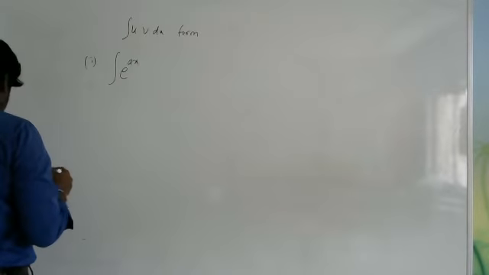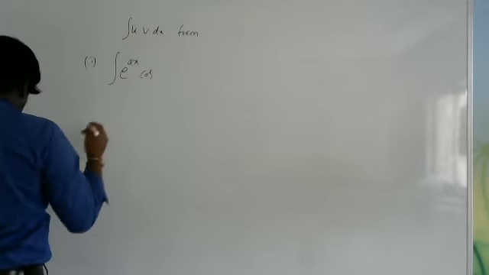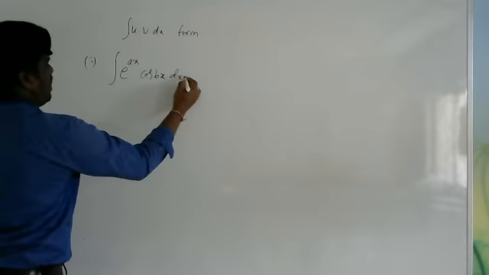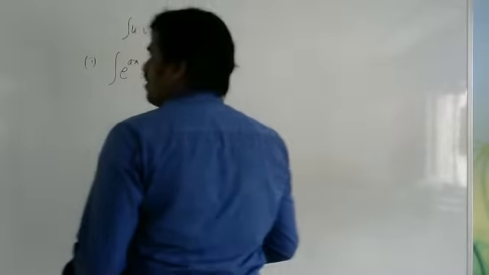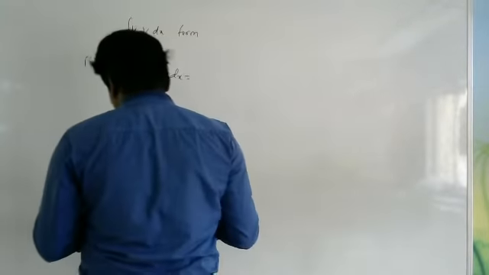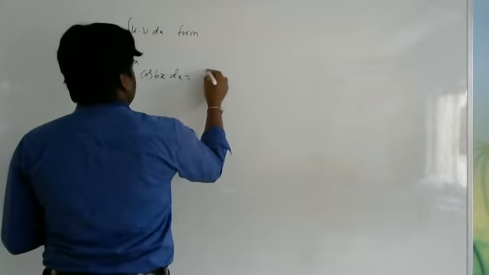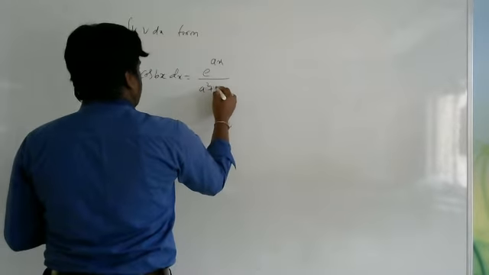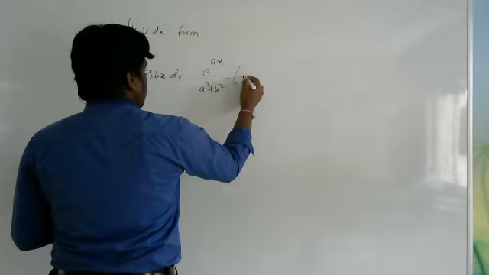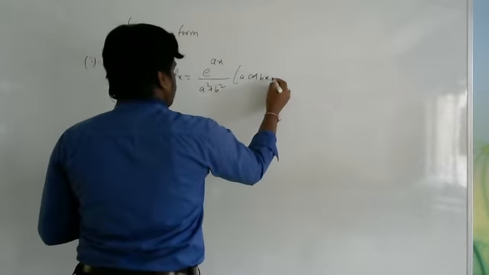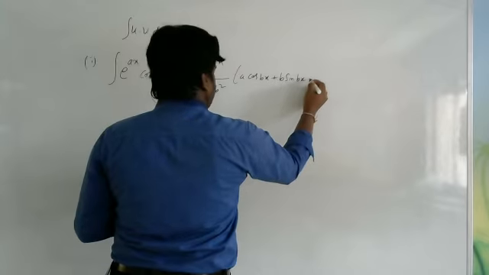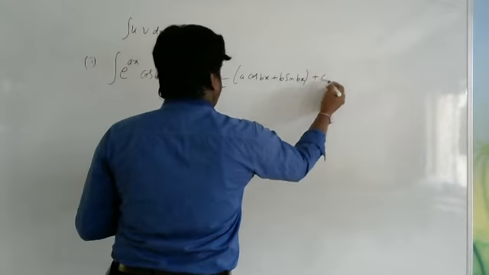Integration of e power ax cos bx dx. Whenever you have integration of e power ax cos bx dx, the answer is e to the power of ax by a square plus b square, (a cos bx plus b sin bx) plus c. This is the formula.